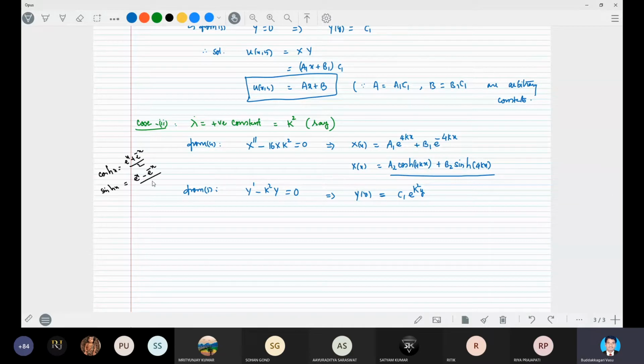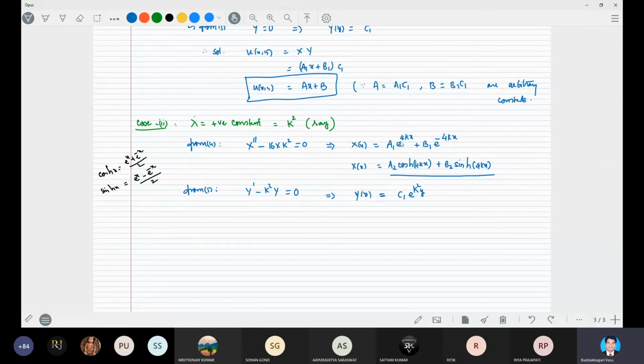You know these identities, hyperbolic functions. So from this we can write e power x is equal to 1 by 2 (cosh x plus sinh x), and e power minus x is equal to 1 by 2 (cosh x minus sinh x). That you can substitute.